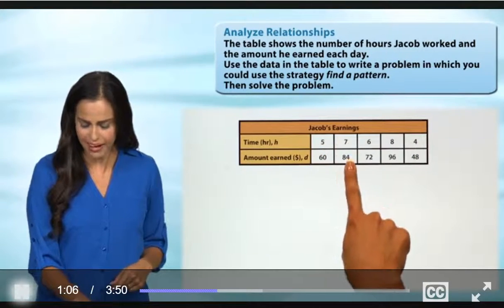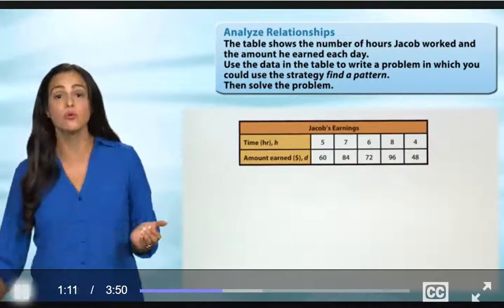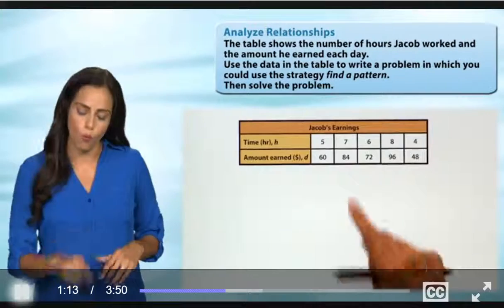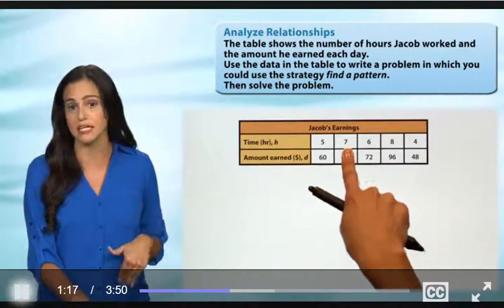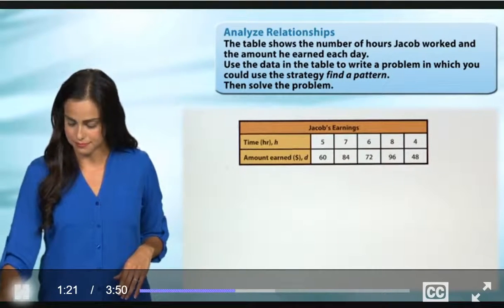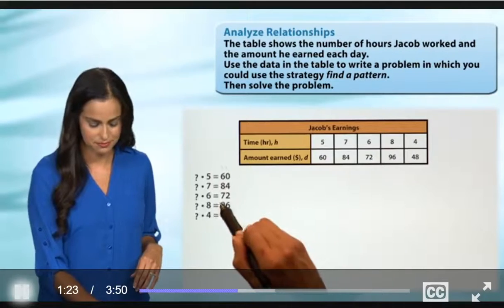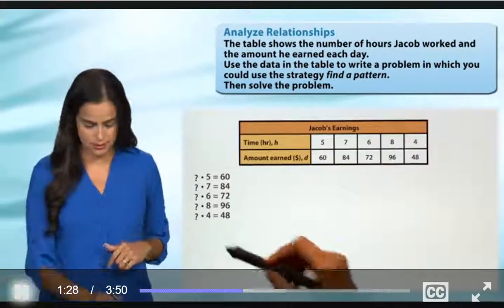Can you figure out a pattern? Maybe you already did. If you haven't, think about what number times 5 equals 60, what number times 7 equals 84, and so on. If you said 12, you are correct.